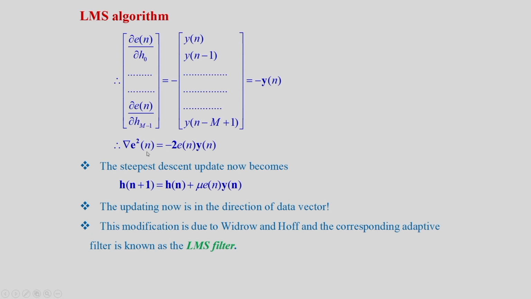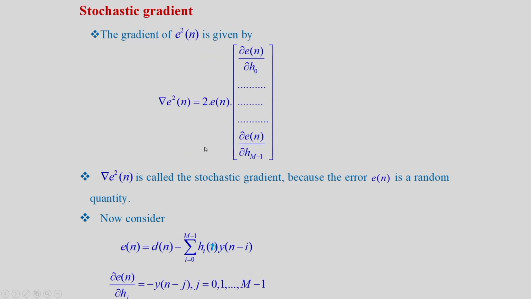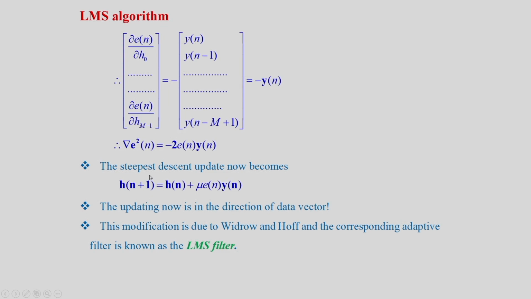Therefore, gradient of square n is equal to 2 times En into this partial derivative vector. So from that we get that gradient of square n is equal to minus 2 times En into Yn.